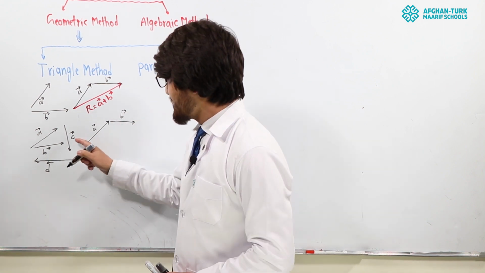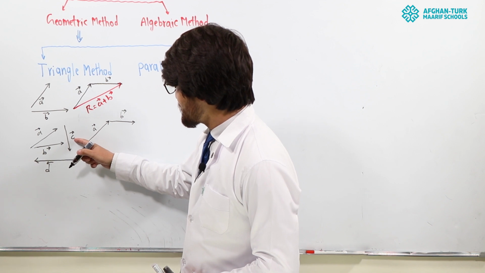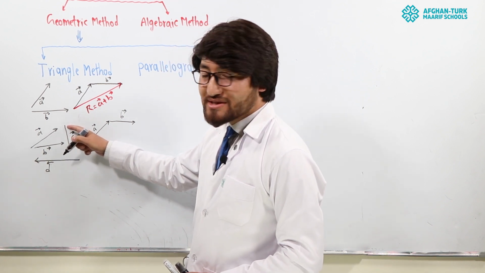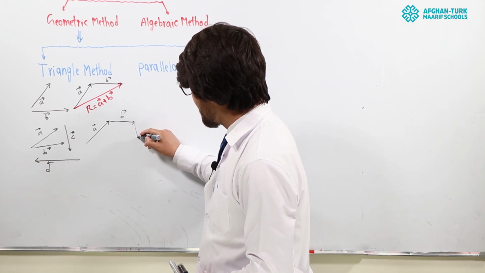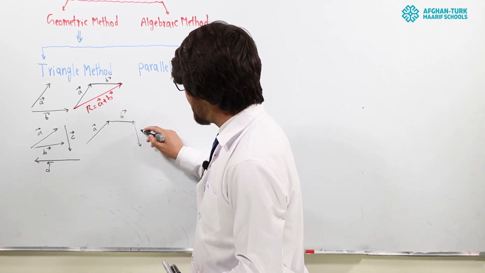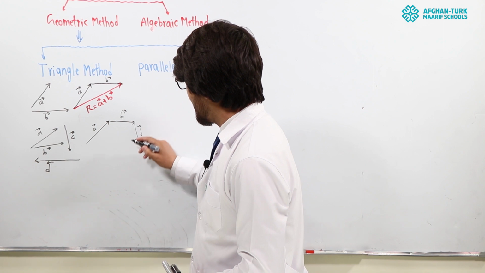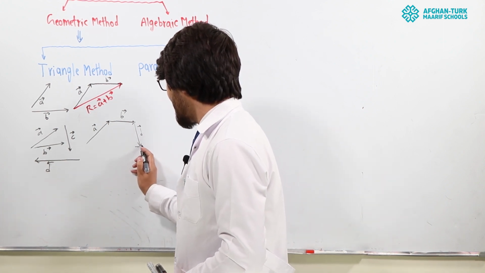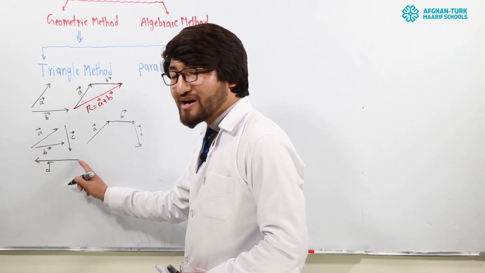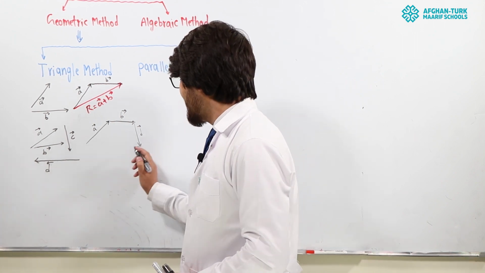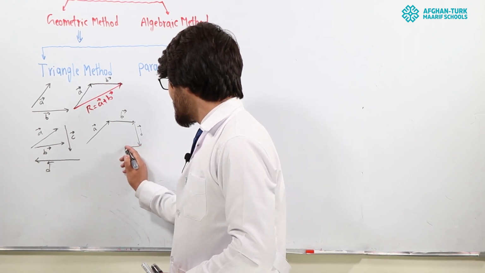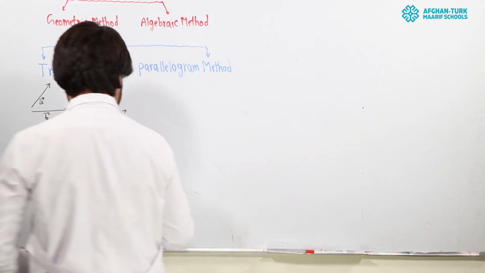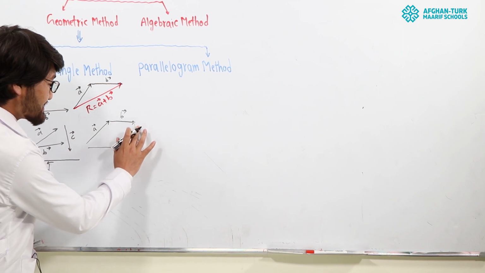And second, third, what should we do? Okay, we join the start point of vector C to the end of vector B, and then we join the starting point of vector D to the end of vector C. I think it is C, my students.